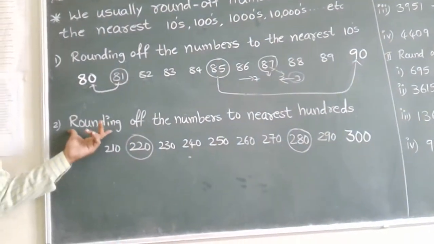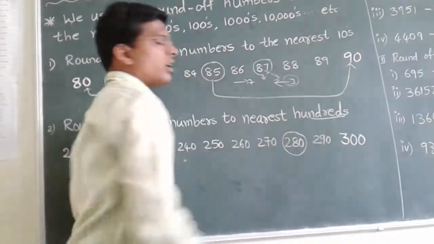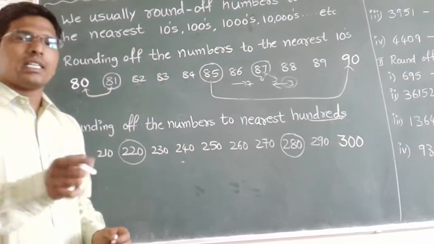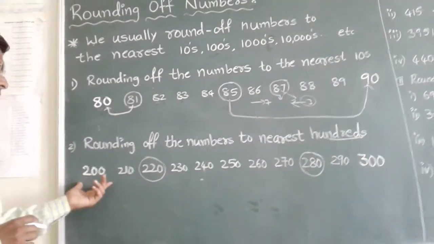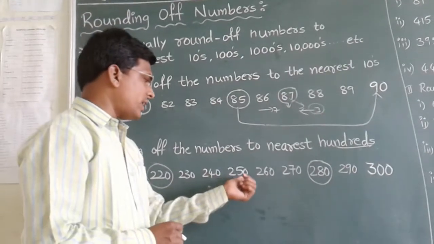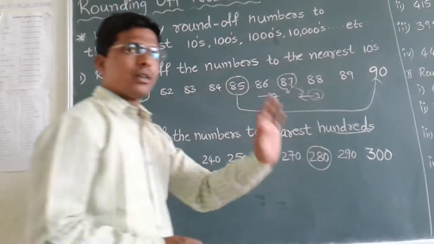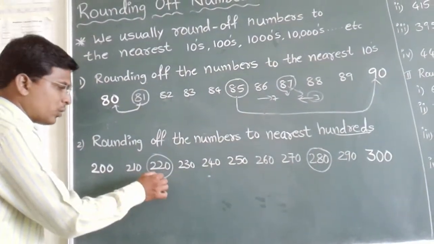Next, the second situation: rounding of numbers to the nearest hundreds. Here are some numbers: 200, 210, 220, 230, 240, 250, 260, 270, 280, 290, 300. And this is my question: 220.